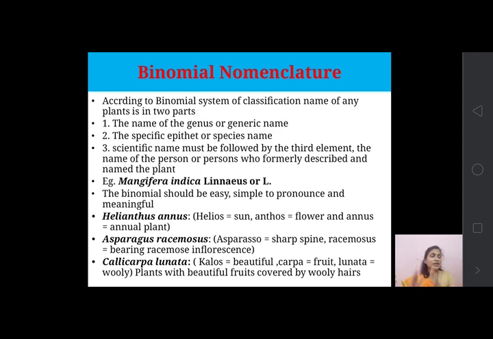So three things are present in the scientific name in binomial nomenclature: the genus and species name, and along with them the author name, which should be mentioned either as the whole spelling or in abbreviated form. So Mangifera indica Linnaeus, or simply L.